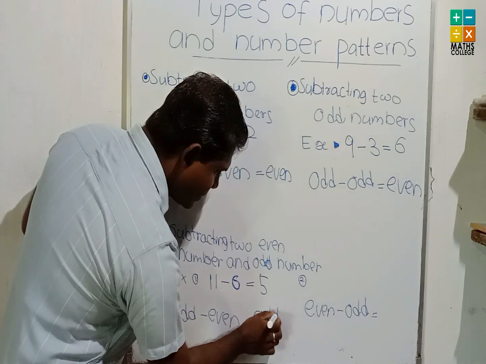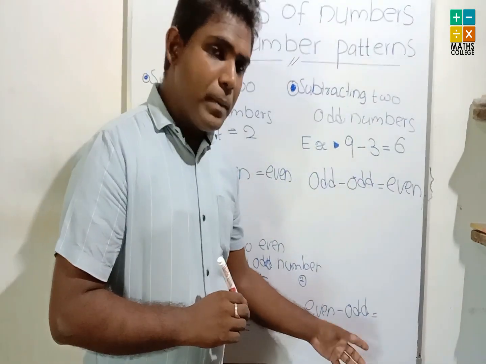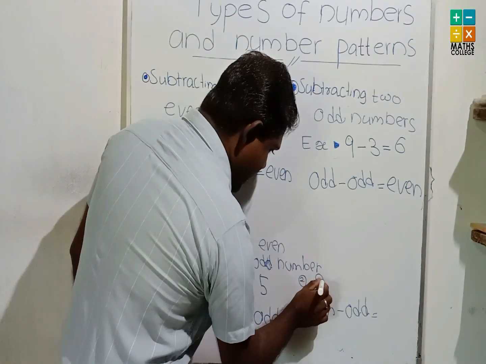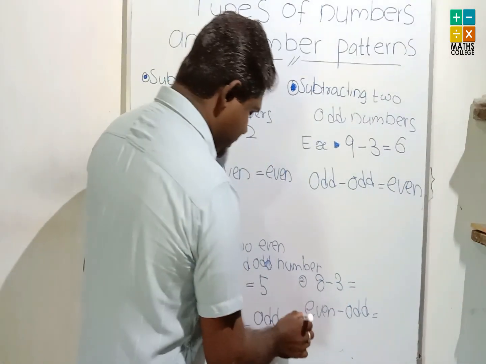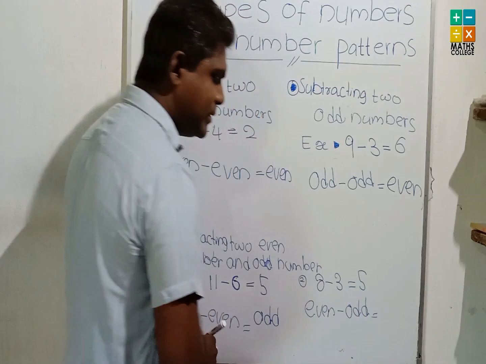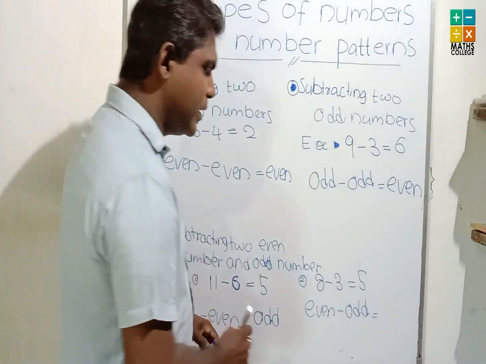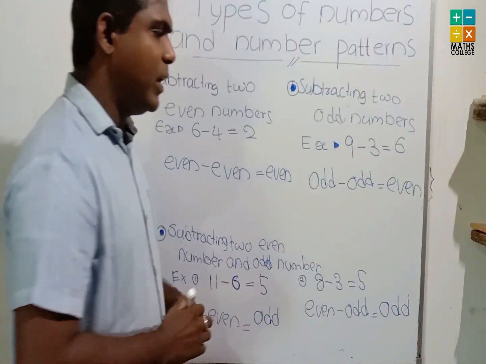Odd number. Then another example, odd number subtraction from an even number. 8 subtraction 3. The answer is 5. Even number subtraction odd number, the answer is an odd number. Okay.